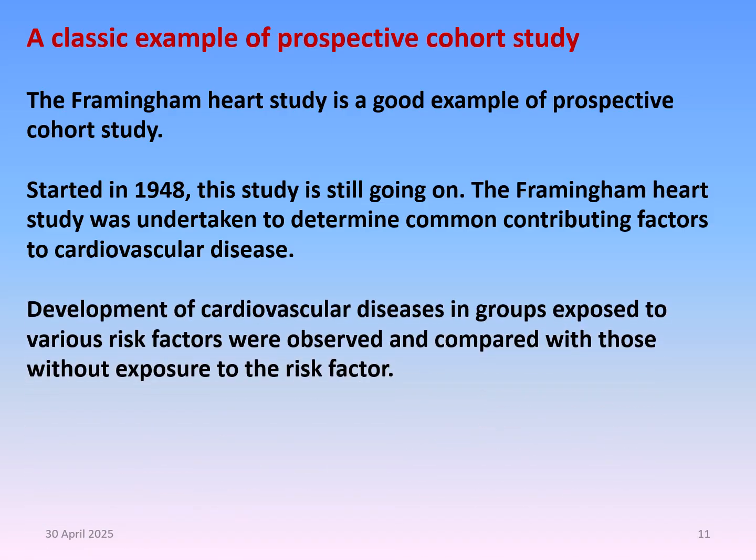Development of cardiovascular disease in different groups exposed to various risk factors was observed, and they were compared with those without exposure to that risk factor. There were so many risk factors like smoking, alcohol use, lack of exercise, stress. And they were observed for a period of time.